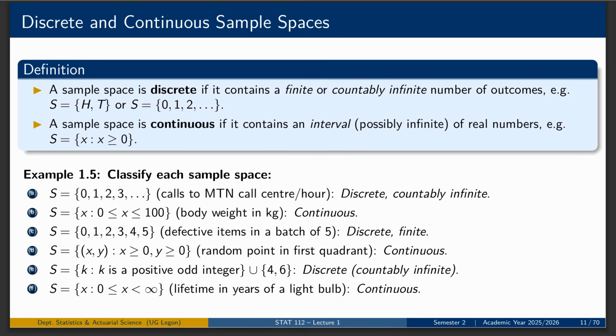And the sum equals 2 can only be one case, so 1 out of 36. So each of these, we know we can get the outcomes, and we can also get the probabilities and so forth.